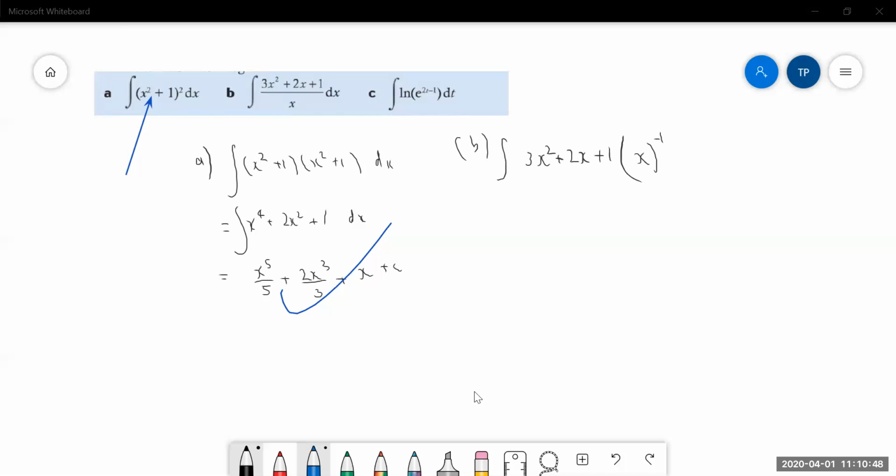No. I thought you could do 3x squared plus 2x plus 1, times 1 over x. So you split it into 3x squared over x, plus.